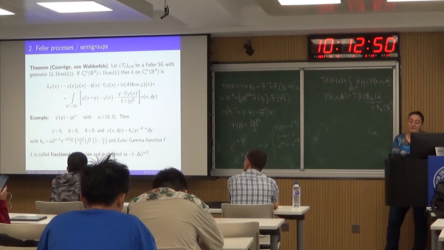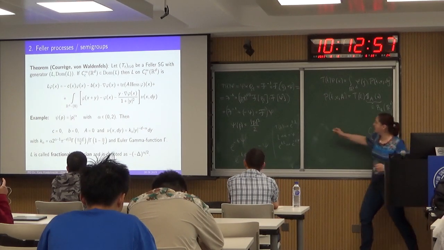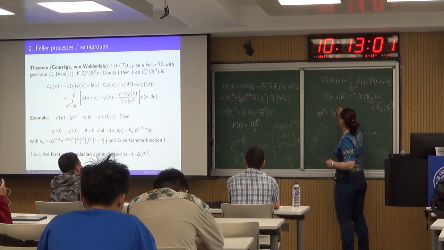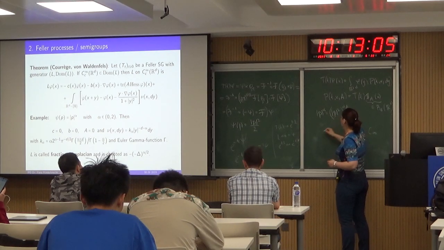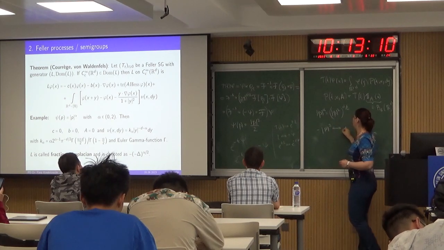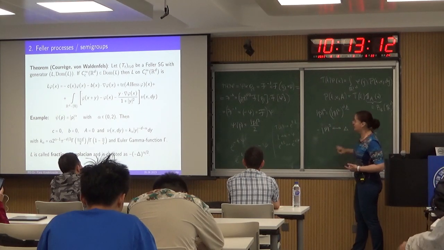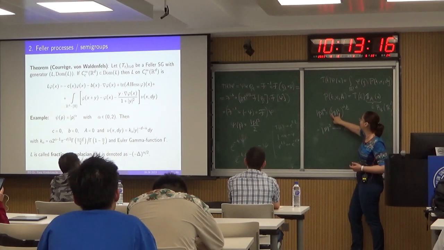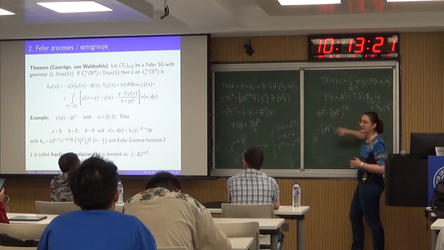And this operator is called the fractional Laplacian because what does p to the power alpha mean? It is p squared to the power alpha over 2. And we know that minus p squared corresponds to the Laplace operator. So it's a symbol of the Laplace operator. So this can be understood as the symbol of minus the Laplace operator, and then we take a fractional power of the Laplace operator.